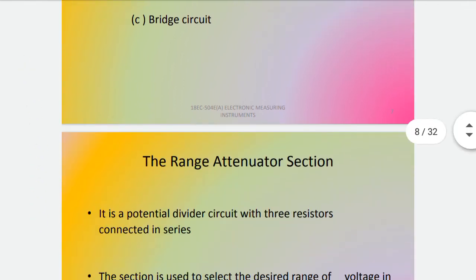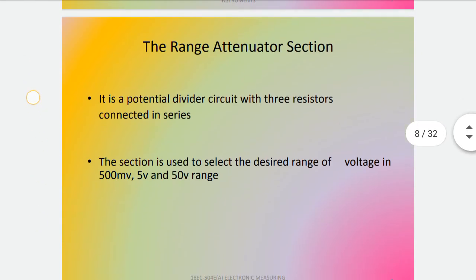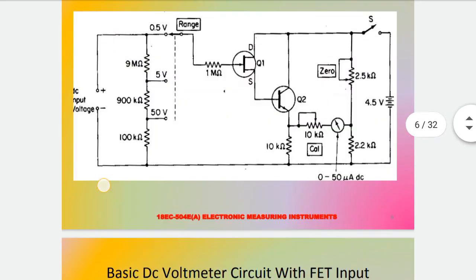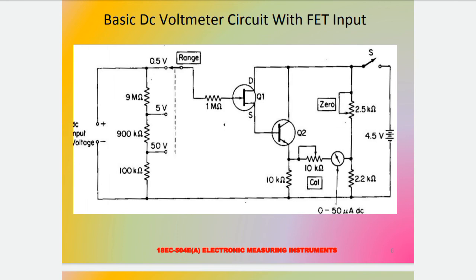Coming to the ranging and attenuator section, it is nothing but a voltage divider network which is formed with three resistors, 9 mega ohm, 900 kilo ohm and 100 kilo ohm. You can see in the figure they are connected in series.